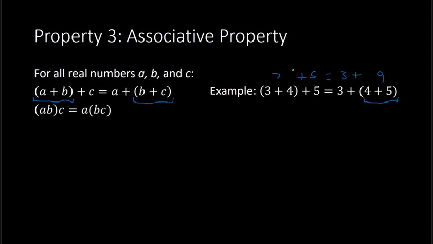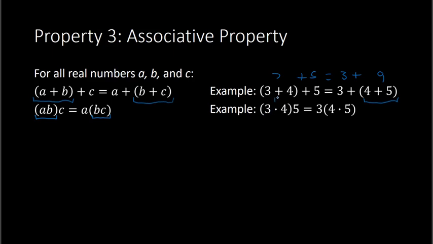Same idea with multiplication. If we have three numbers being multiplied together, it doesn't matter if I multiply the first two numbers first and then multiply the third number, or multiply the last two numbers first and then multiply the first number. So for example, if I had 3 times 4 times 5, I can do 3 times 4 first if I wanted.